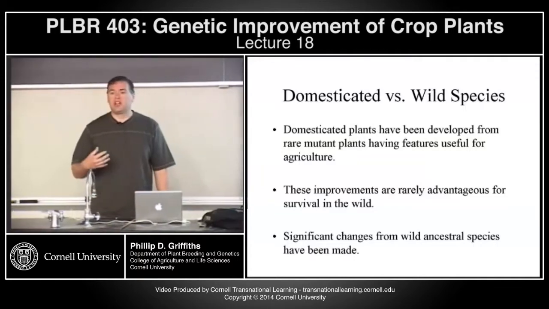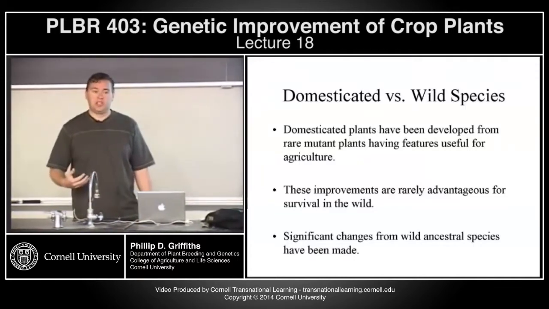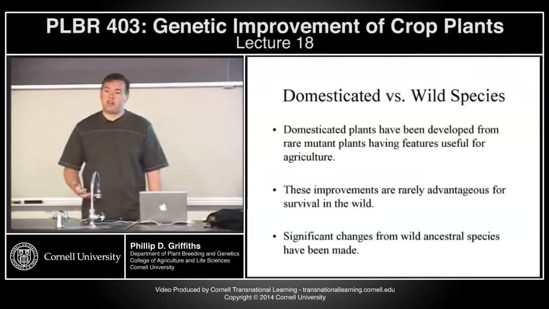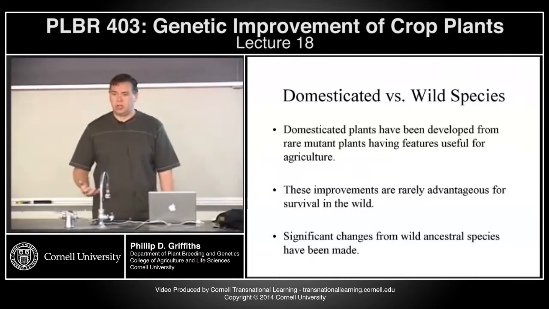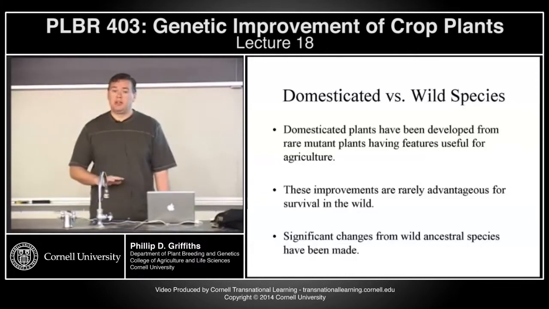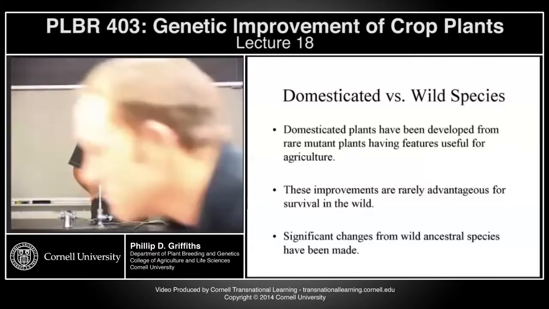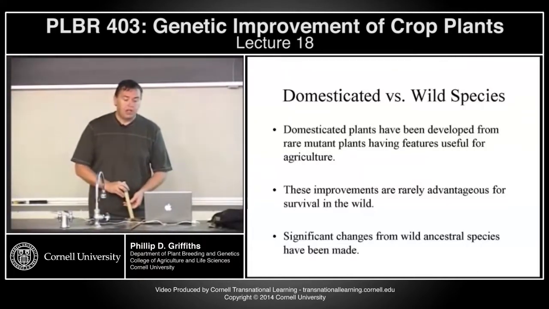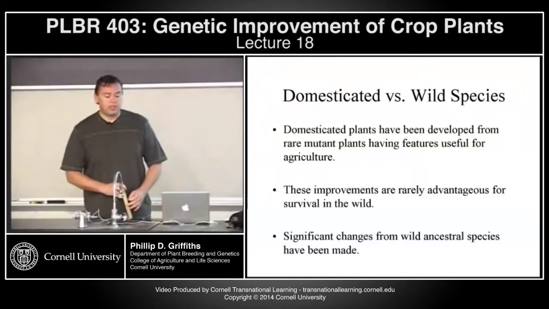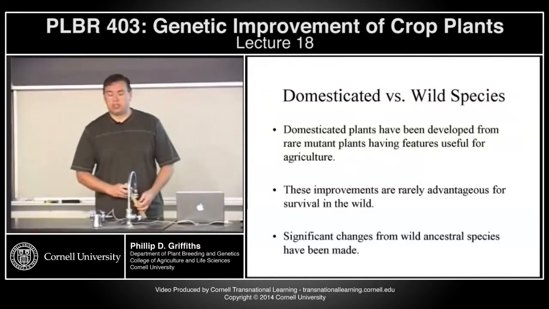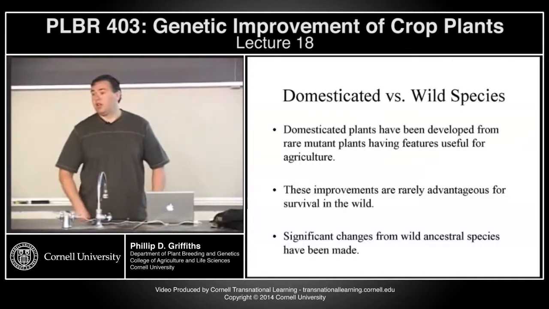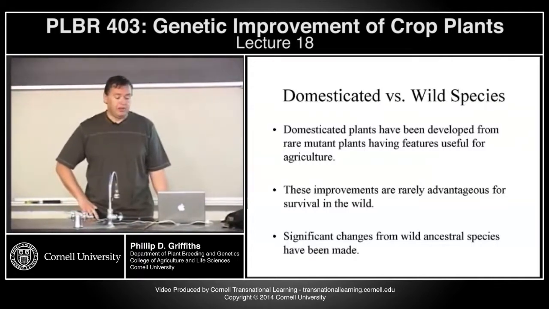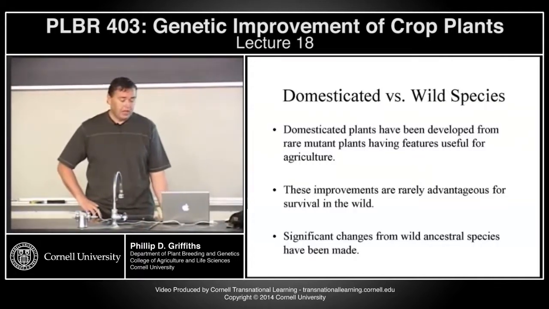For instance, selection of large fruit type or large seed type that may be very good for agricultural or horticultural purposes, but in a natural environment, the wilder type of plants would compete against them more favorably, and they wouldn't perform particularly well. So a lot of these improvements are great for agriculture, but not advantageous for survival in the wild at all.